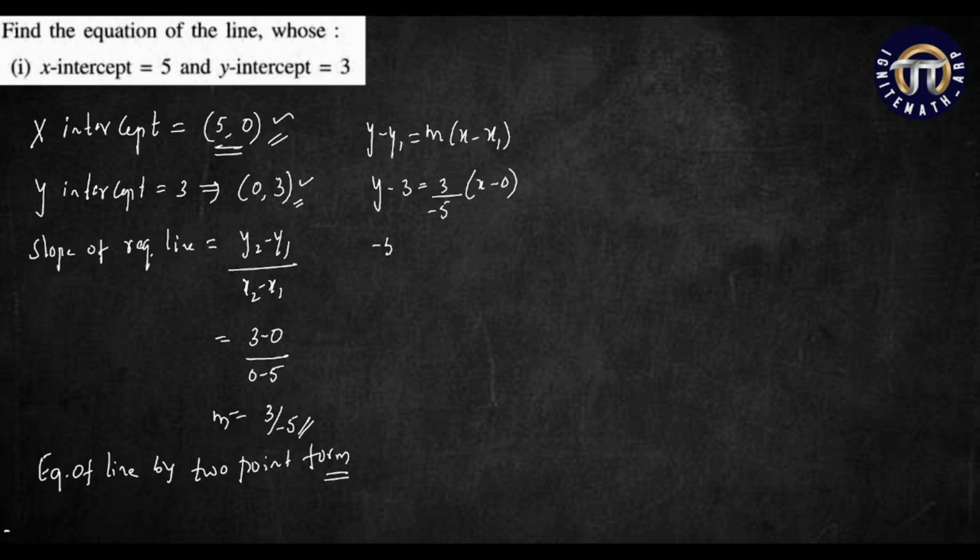I can write this as minus 5y plus 15 is equal to 3x. So 3x plus 5y minus 15 is equal to 0 is the required equation of the line. Clear, children? Very simple kind of problem. Only identifying these 2 points is the task over here.